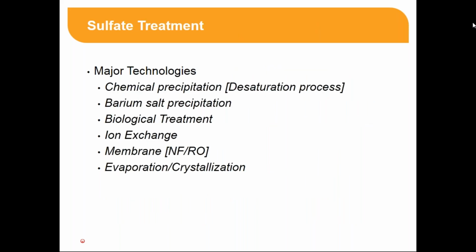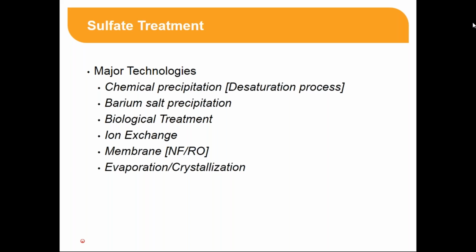Let's look at the major sulfate removal technologies that are currently available. The first one is the chemical precipitation process, or desaturation process. This is mostly known as the desaturation process, and it's a well-known process. Number 2 is the barium salt precipitation, or barium precipitation process. The third one is the biological treatment process.